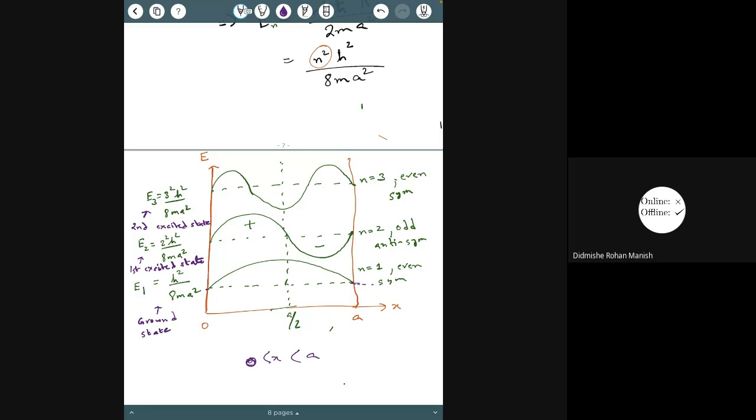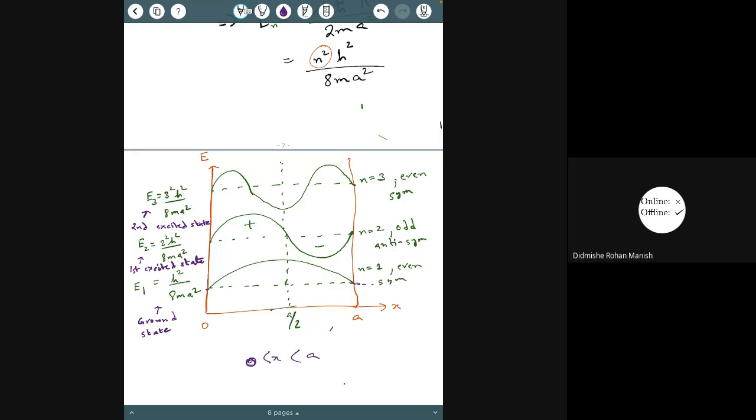Okay, but I thought that psi of x was defined for all x, and we just put this infinite potential, and that's why we get it inside this box. Not that it is undefined outside. So outside, we are just saying psi is 0.